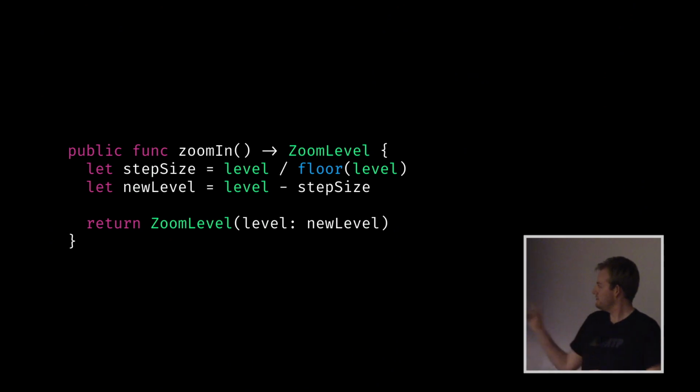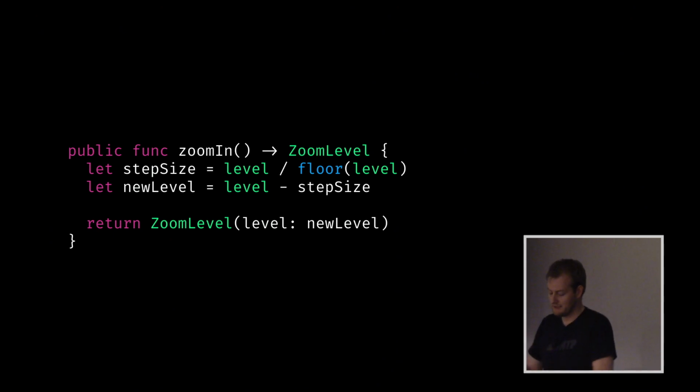So that's 2.6 minus 1.3, and that gives us a new zoom level. And that way we end up at exactly 0 at the end. So we're not having some remainder part there. You can, in 2 steps, jump directly to the most zoomed in version.